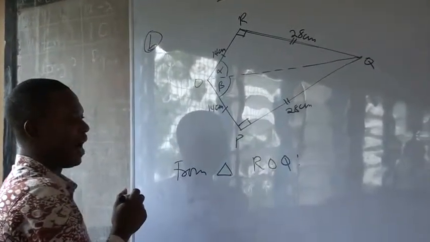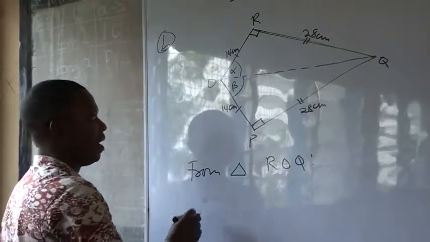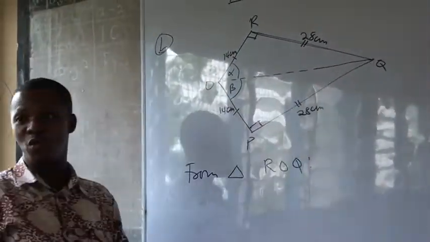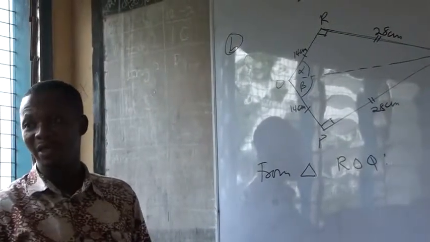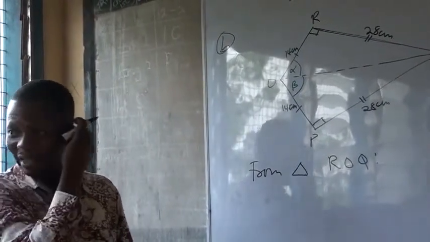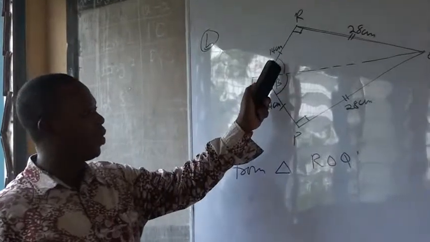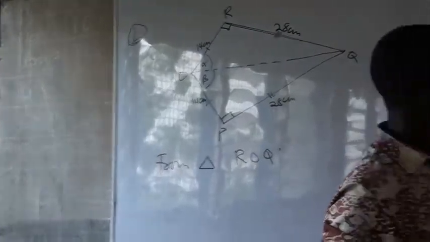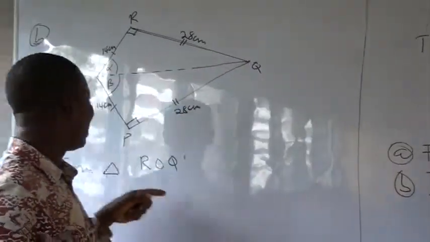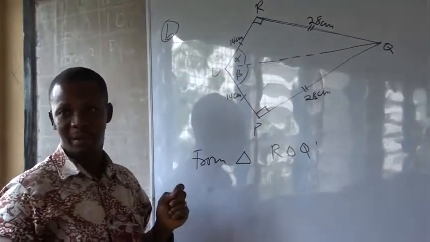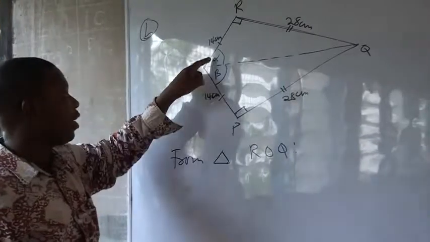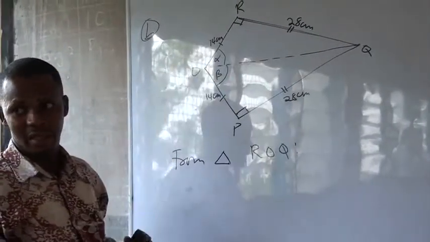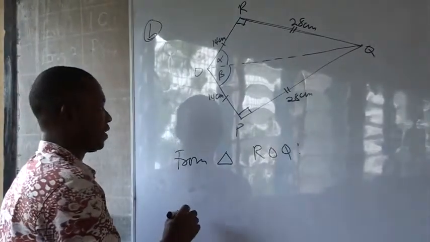From triangle ROQ, we know this, we know that. The hypotenuse is what we do not know. So what are we doing? We are using tan, isn't it? Now if this is the angle that we are looking for, mind you, angle ROP is given as the angle at the center here, which is alpha plus beta. So if you are looking for this angle, this becomes our opposite, this becomes the adjacent.